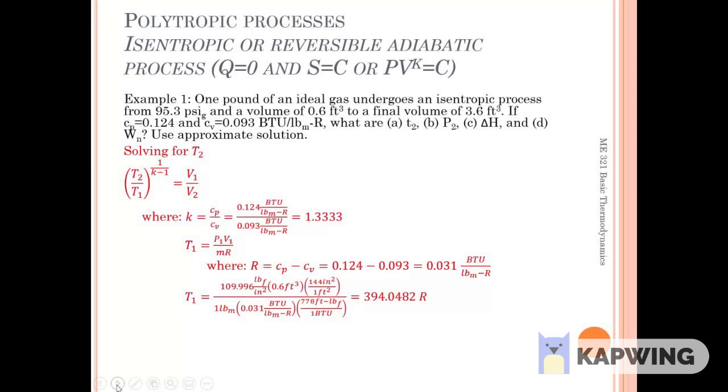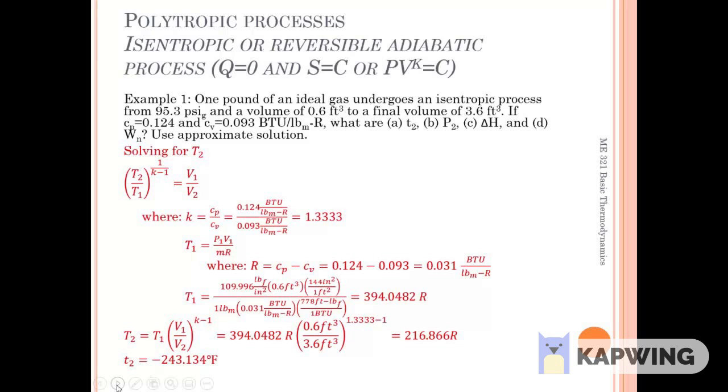Now that we have found the values of K and T1, we can isolate T2 at the left side of the equation and substitute all the known values at the right side of the equation. We'll finally get negative 243.1 degrees Fahrenheit as the value of the final temperature.